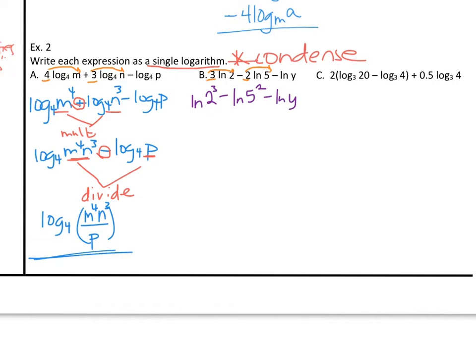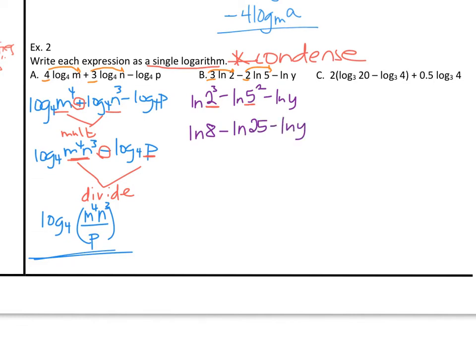When it's 2 to the third and 5 squared, we can actually evaluate those. We know what 2 to the 3rd power is. It's 8. We know what 5 squared is. It's 25. And then we'll leave ln y.